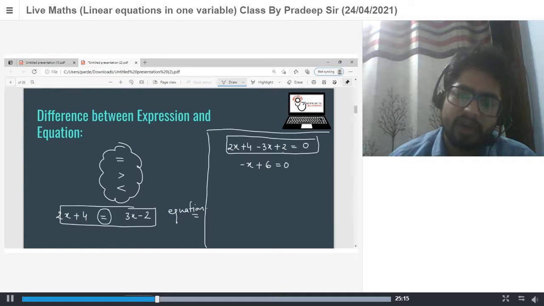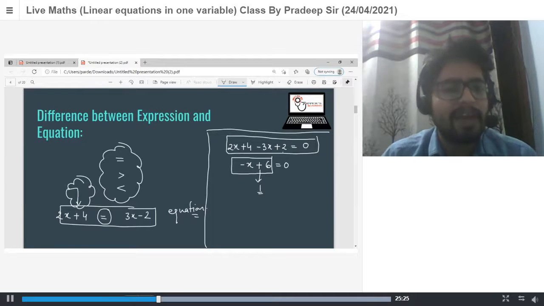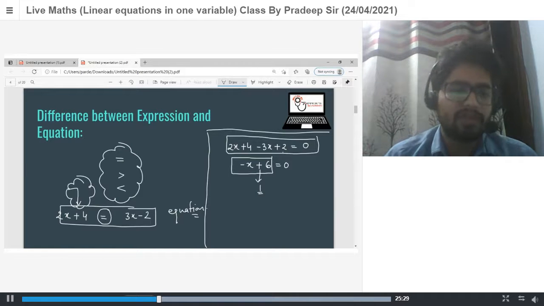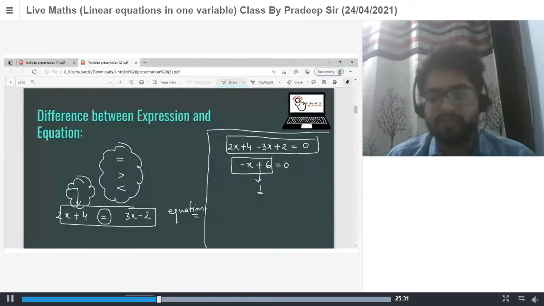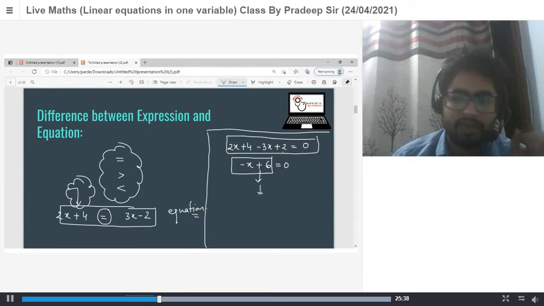The degree of this expression is 1, so the degree of this equation is also 1. That's why this is known as a linear equation in one variable. So this is our chapter: how to solve linear equations in one variable. First, we have to understand what a linear equation in one variable is. Now understood?